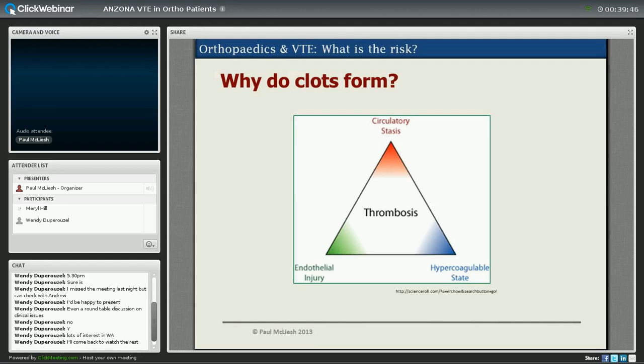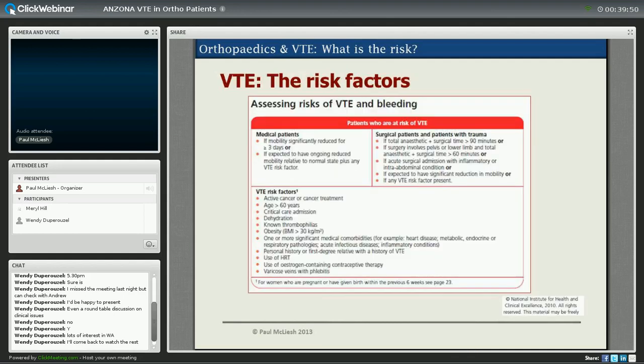So that's important that we consider that when we plan how we're going to treat our patients.